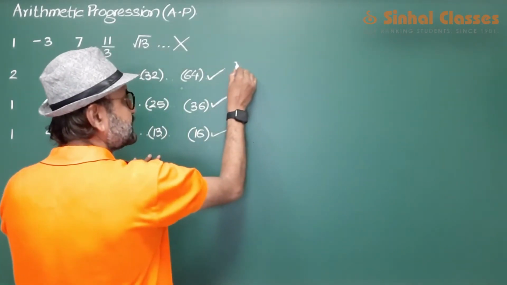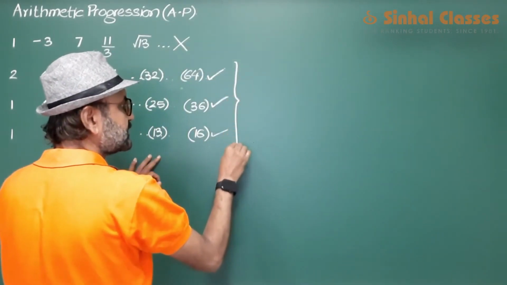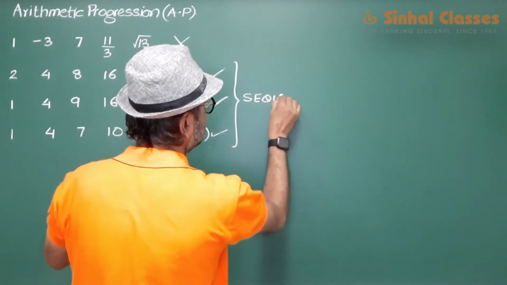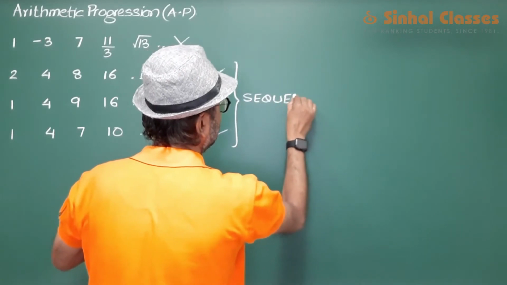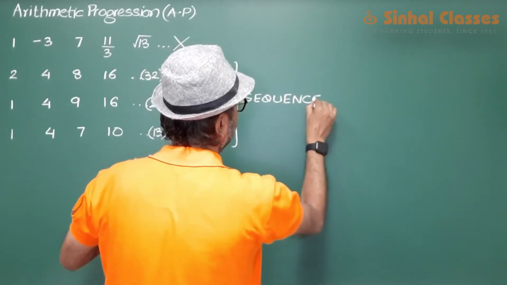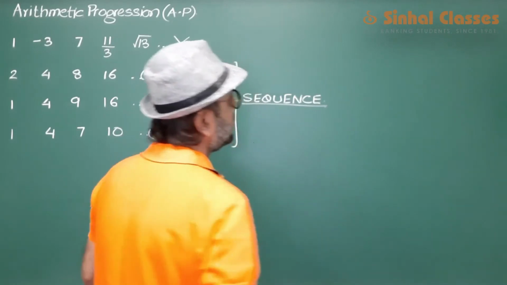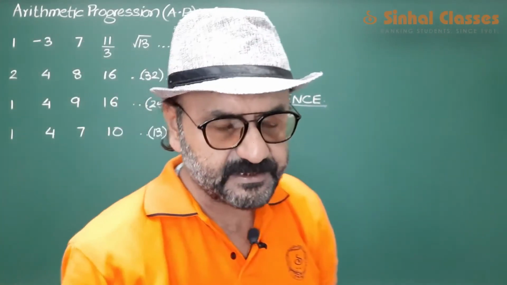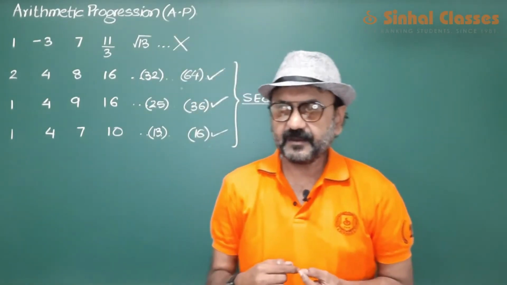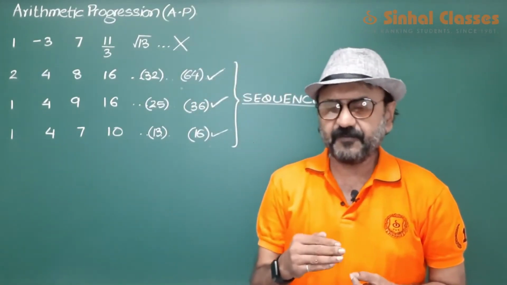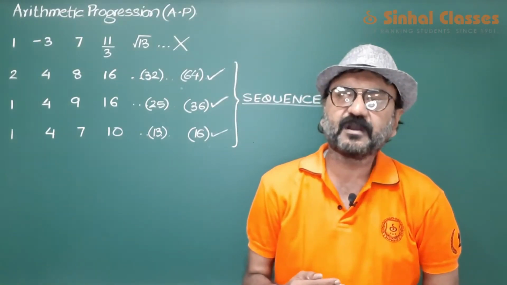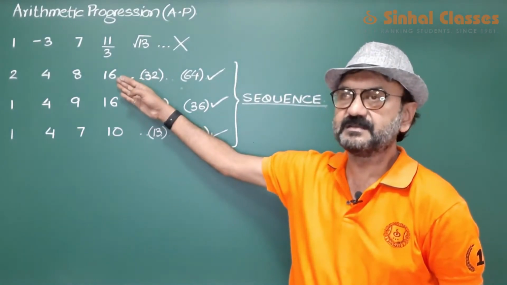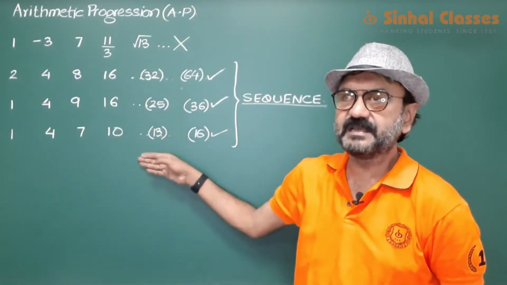Such lists of numbers are called a sequence. A sequence is a list of numbers where by some definite rule it is possible for us to predict the number that you may get after the last number is written. This is called a sequence.